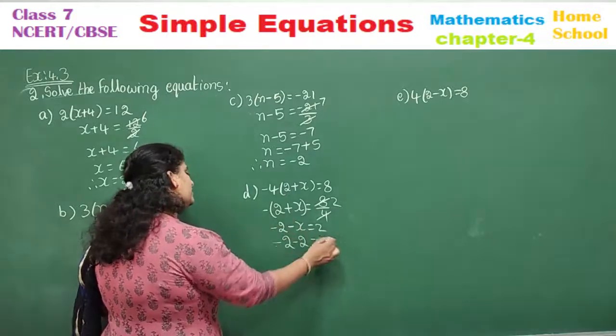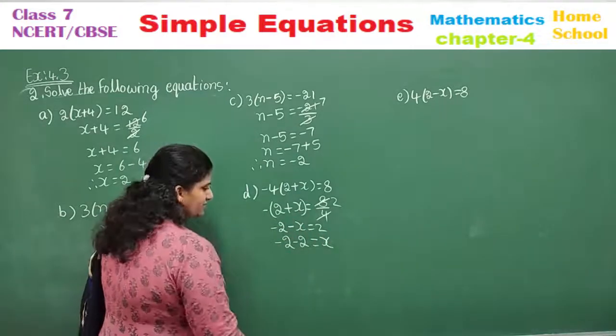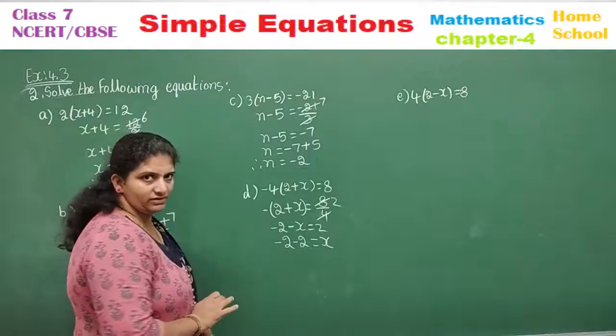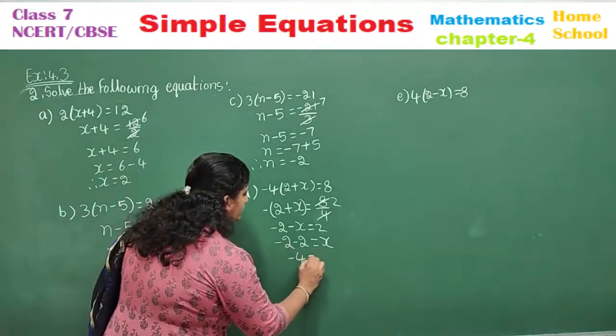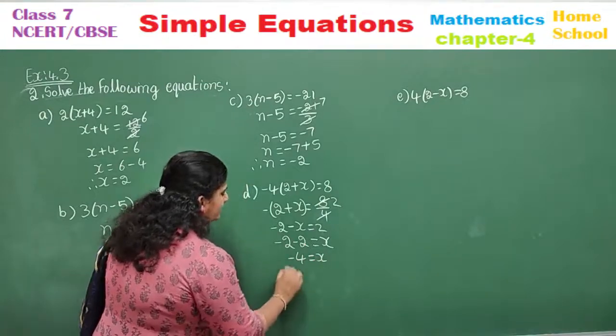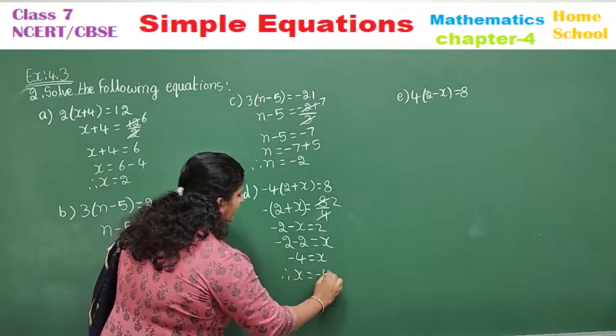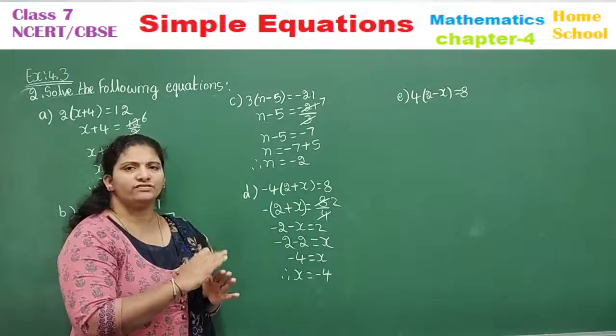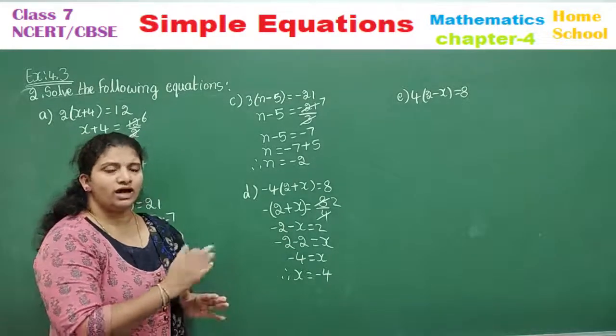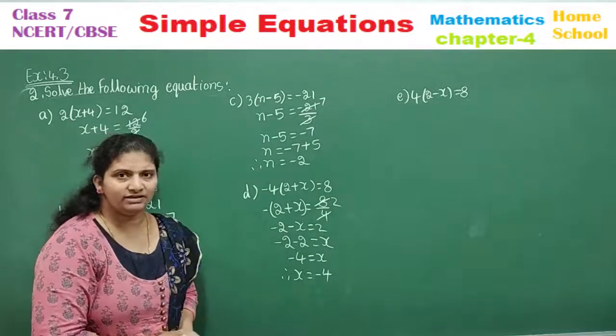Minus x, if it goes to the other side, plus x. At a time you can reverse. Or in the next step you do, minus 2 will be minus 4 is equal to x. Therefore, x is equal to minus 4 is your answer. At a time, if you shift both the numbers to the other side, no sign will be changed.